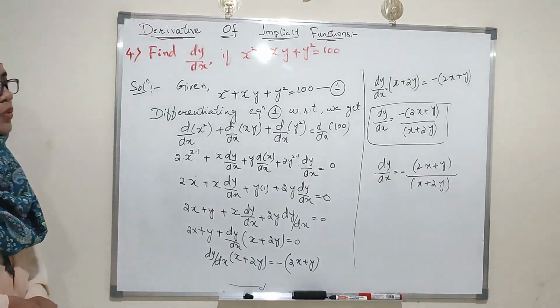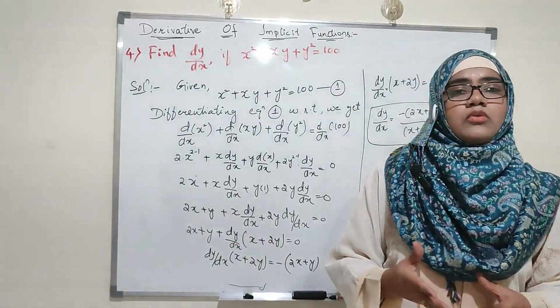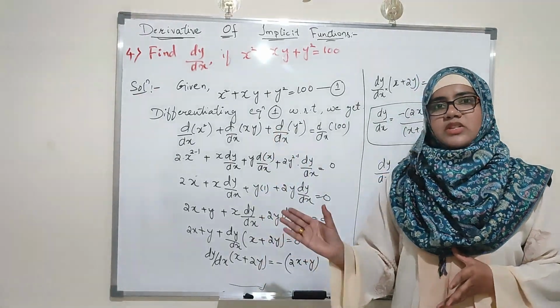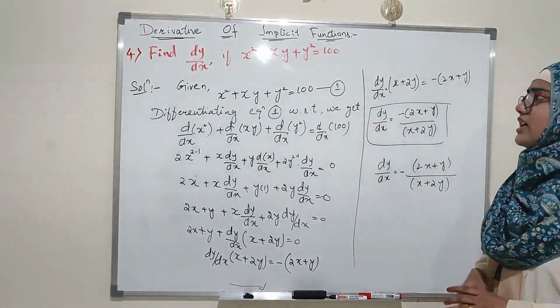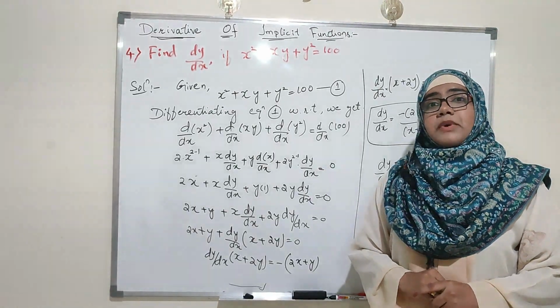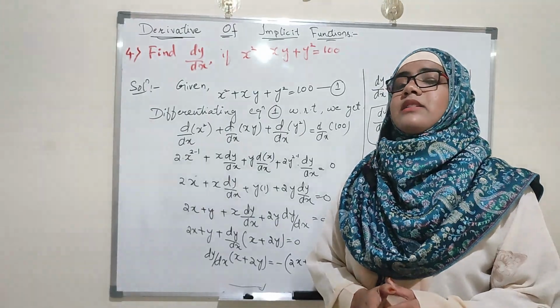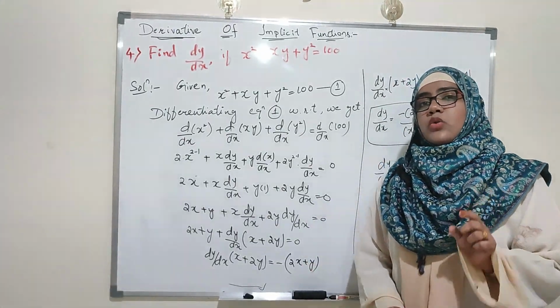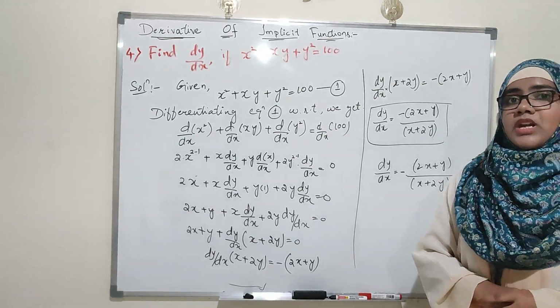Okay, so simply I want to say that if you want to solve more examples based on the derivative of implicit function or any other subsection, then you must practice on a regular basis. You have to practice each example 10 times daily.